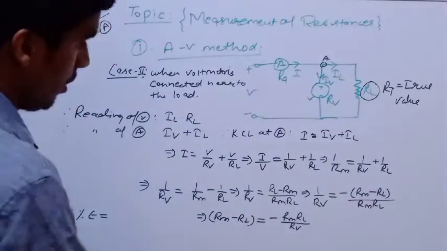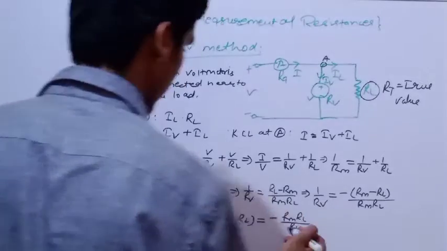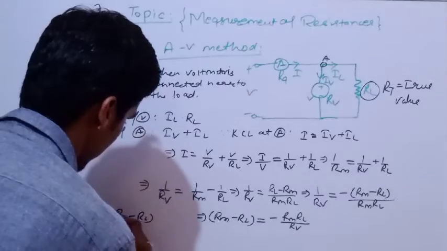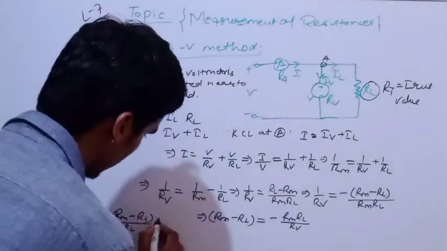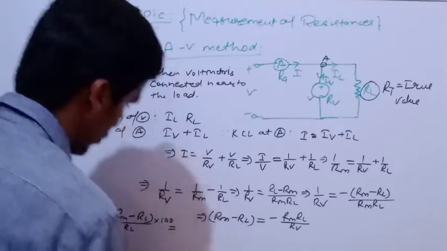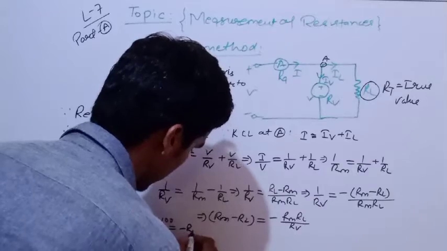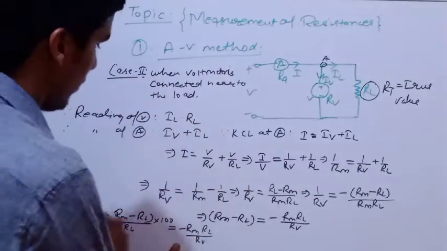So you can take RV, RM minus RL upon RL, the true value, multiplied by 100. So the value will be equivalent to minus RM RL upon RV, minus RM RL upon RV multiplied by RL.